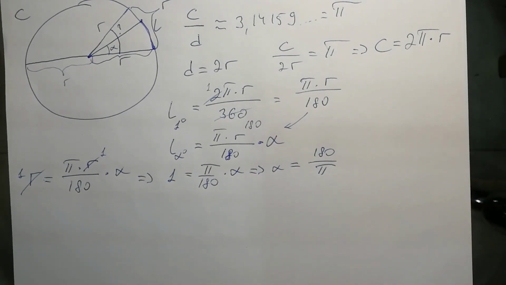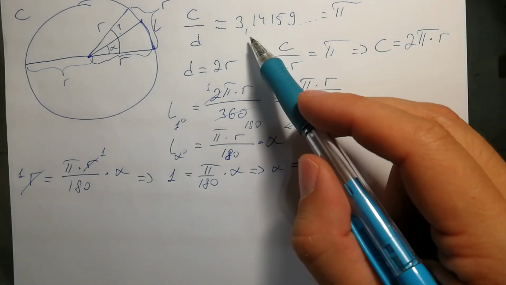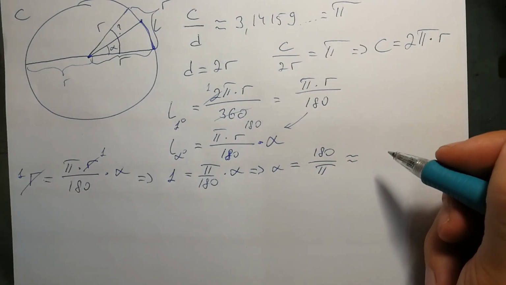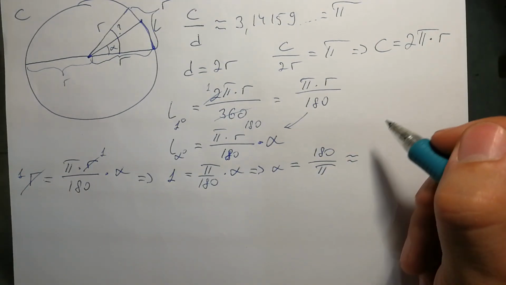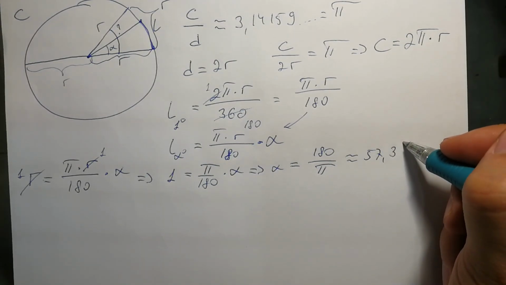And how much will it be? We remember that pi is about 3.14159. It will be about 57.3 degrees.